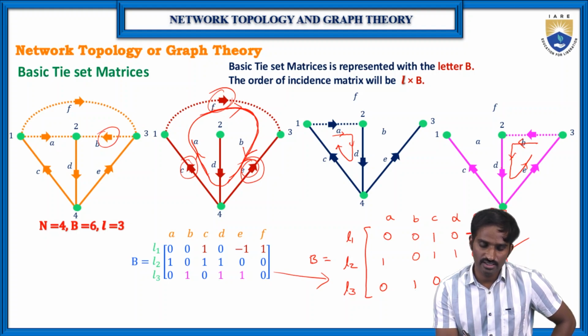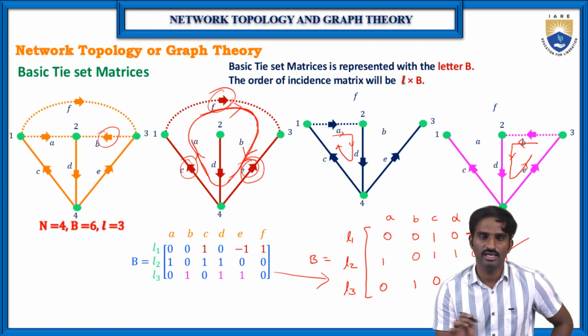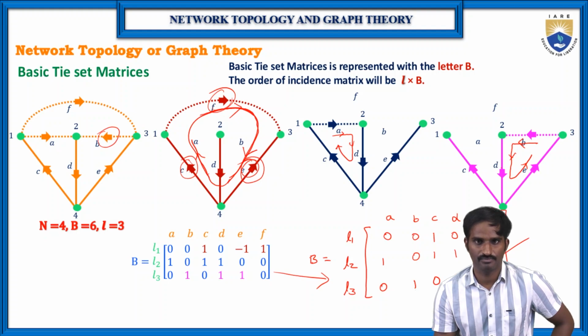If the branch current and the loop current direction are the same, then we indicate +1, and if it is opposite, then we indicate -1. This is about how to write the basic tie-set matrix from the given electrical network. I hope everybody understood how we can write the basic tie-set matrix from the given electrical network.